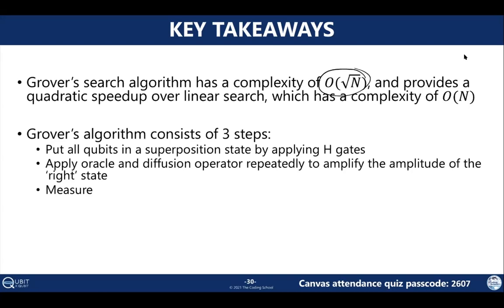And these are our 3 steps for Grover's algorithm: superposition, interference / selection, and then amplification. So I'd say interference plus amplification here, and then superposition here.